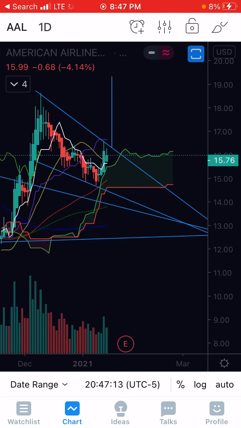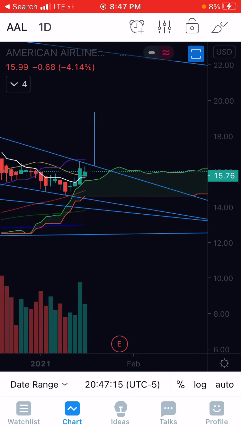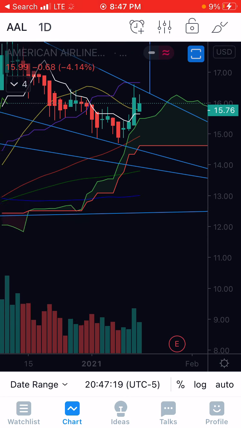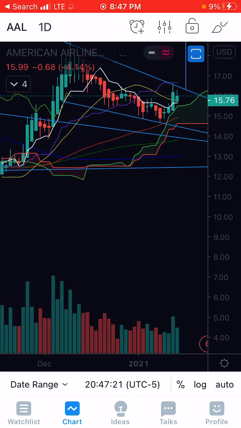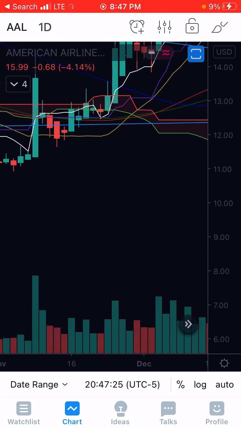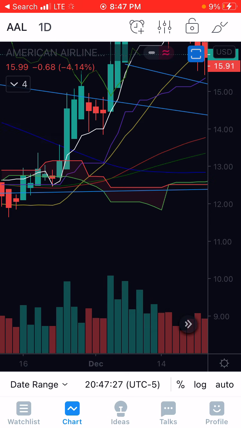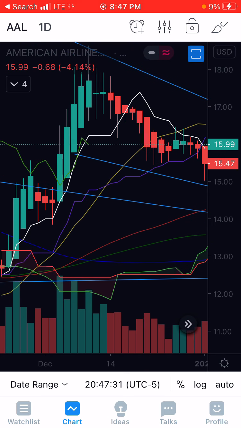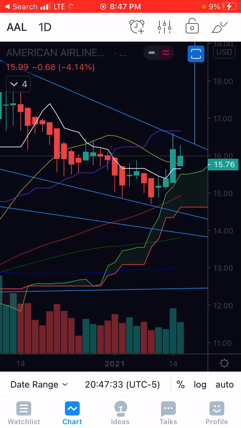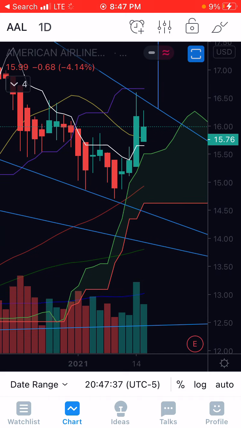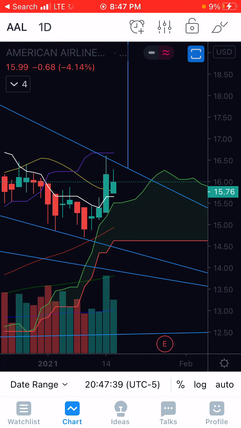Anytime that the price action is above the cloud, which is this green area, you're in an uptrend. And when you're below, that's going to be your biggest resistance point. So when you first break above it, you end up having a massive blast off. And then your white line here is actually a pretty good support.